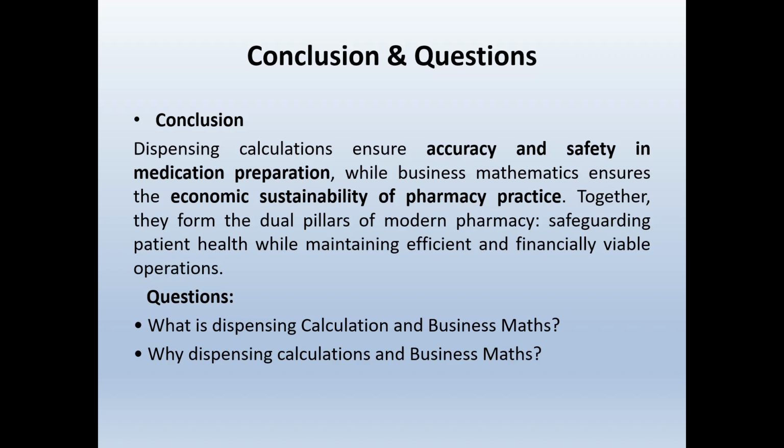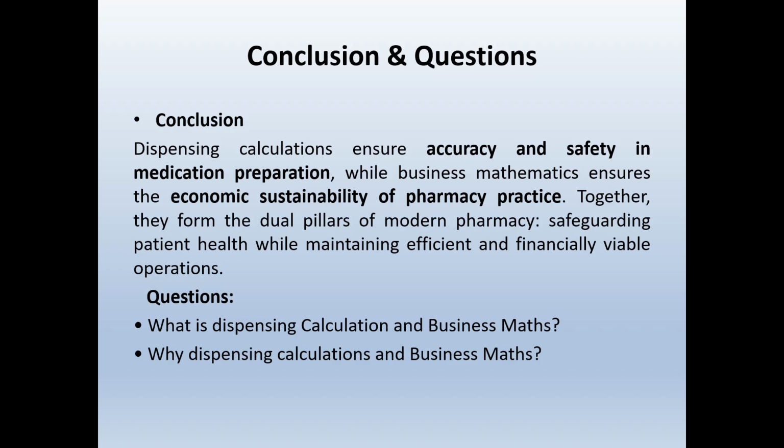Are we together? Dispensing calculation and business mathematics together form the dual pillars of modern pharmacy, safeguarding patients' health, that's dispensing calculation, while maintaining efficient and financially viable operation, that's business maths. Are we together? So questions.